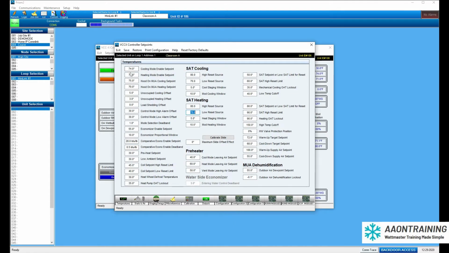Well, now it's in between these two, and it's crossed over the threshold where, okay, so now I am very comfortable, the space is satisfied, I don't want to heat anymore, I can't cool either, so essentially all it does is it shuts off the heater, shuts off the cooling, and just delivers untempered air into the space.